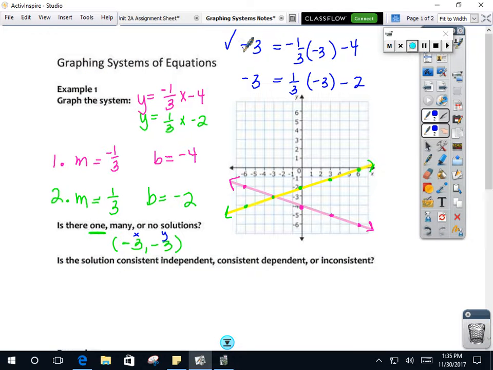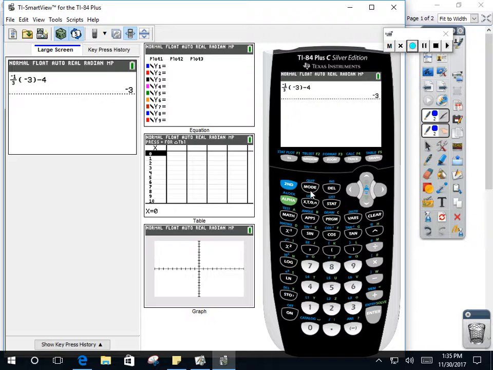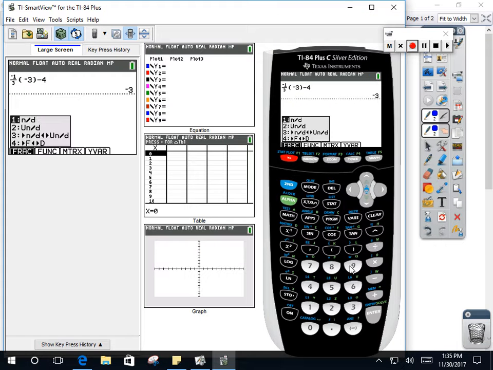So see how it worked when I plugged in negative 3, negative 3? This point worked for this equation. Now we're trying it in the other equation, this one. So type in positive 1/3 times negative 3 minus 2 and see if it equals negative 3. Okay, I'll type it in too.